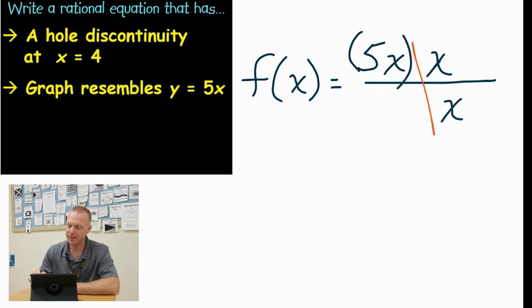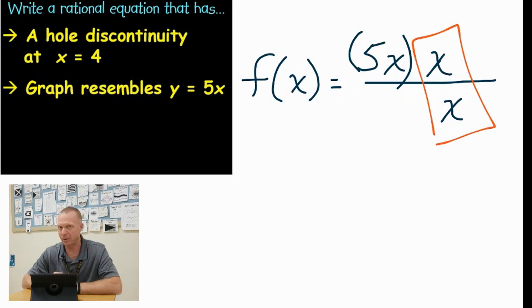You see, these guys right here, they're going to give me a hole in the graph. But after I divide them, or after I cancel them, all I'm left with is that 5x.